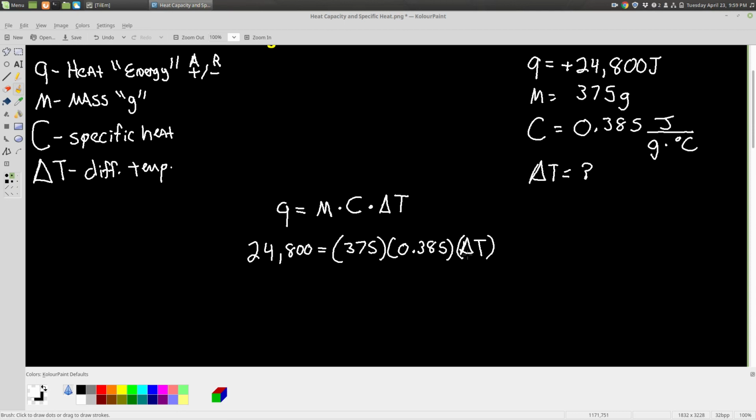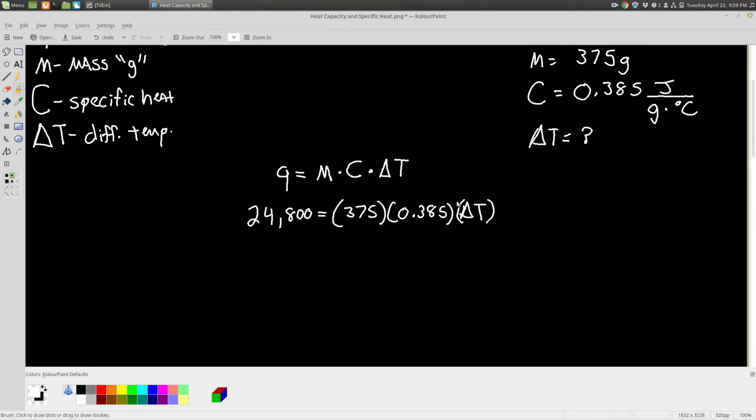So those of you that struggle with algebra, let me just say this. What you want to do is get delta T by itself. So the rules are, since this reads 375 times 0.385 times delta T, we need to divide both sides by 375 times 0.385.